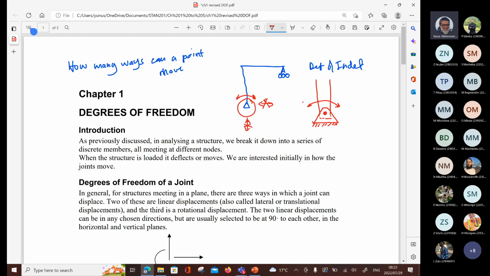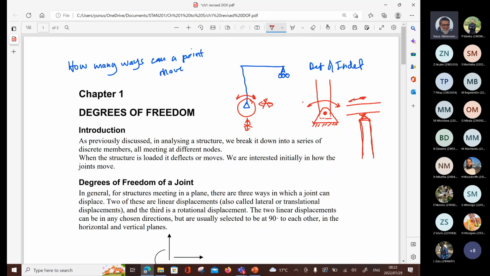On the other hand, the roller there, most common example of a roller is under the bridge. You have a bridge deck, and then you have your supports to your bridge. And then you have a connection there, right?